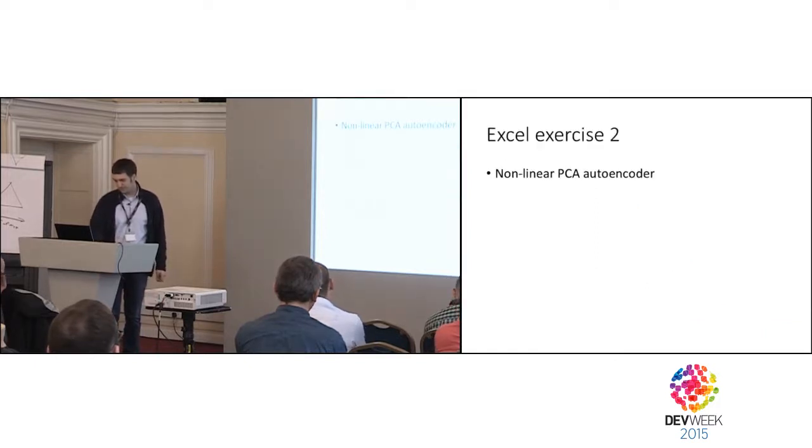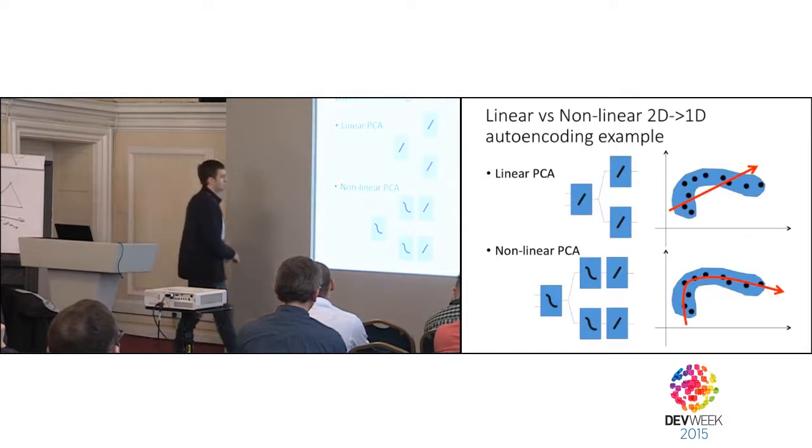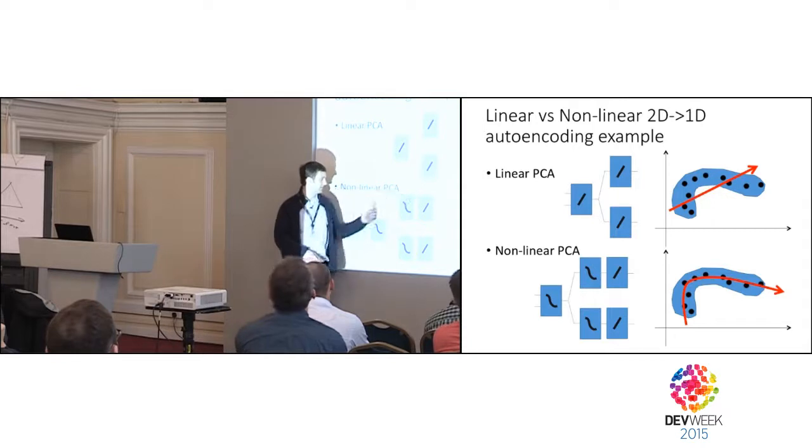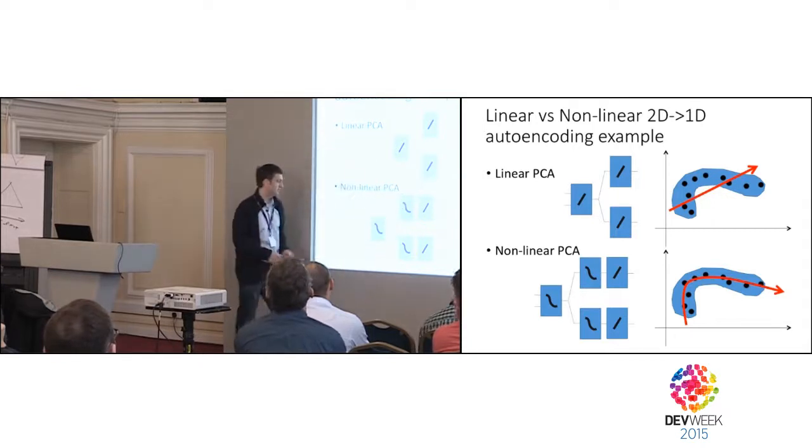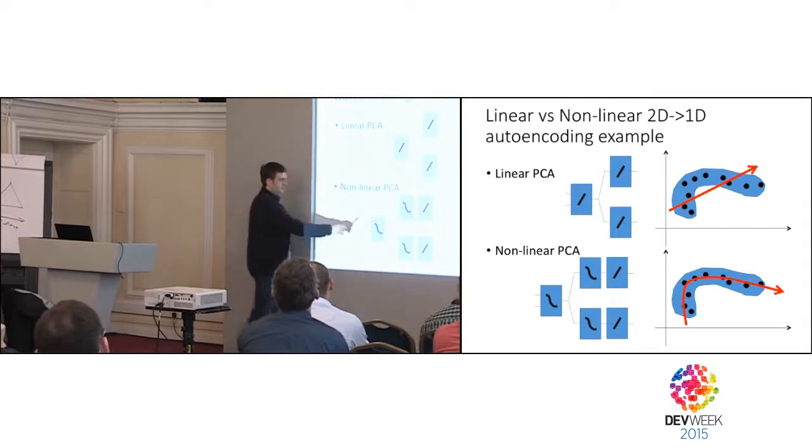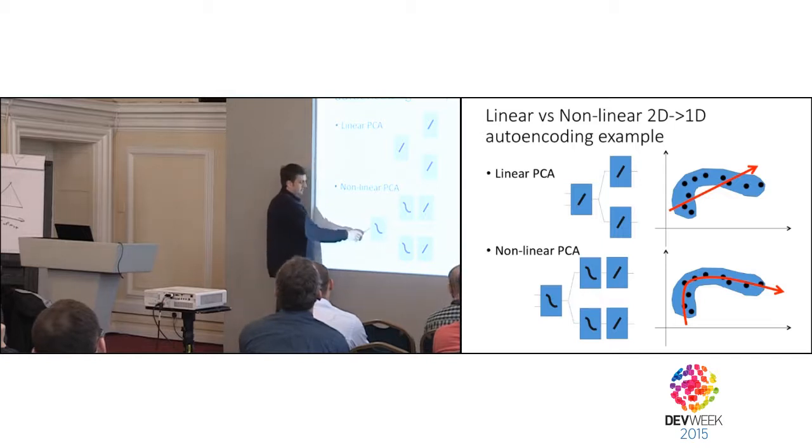In order to do this, we will construct a small neural network of this architecture. So we will have just one neuron in the first layer, which takes our two inputs and performs the multiplication, addition, and computation of nonlinear activation function. So this will be one-dimensional hidden representation of our two-dimensional data.